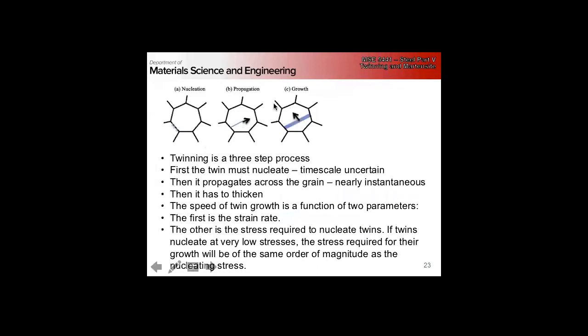And this is what happens at approximately the shear wave velocity in the material, so close to the speed of sound in the material. Then the twins grow, right? And the speed of twin growth is completely dependent on the loading rate, how fast you're deforming your sample, and what the stress is, right?